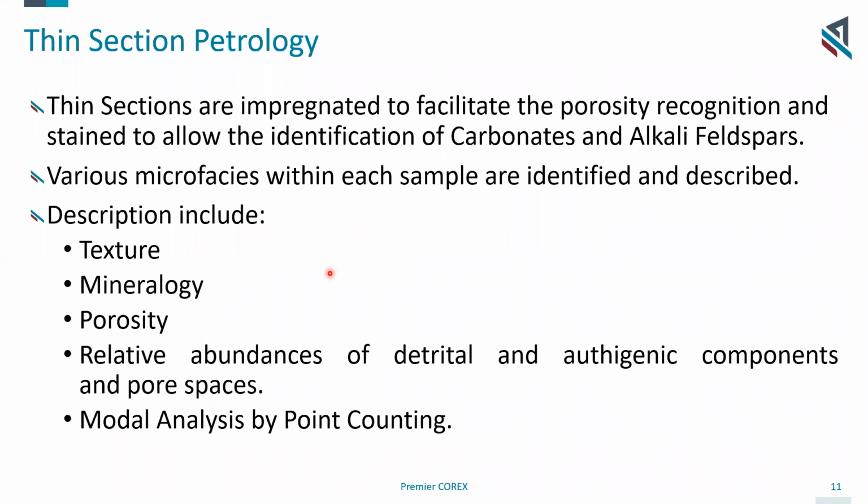So the thin sections are prepared in the traditional way, impregnated with a dye and staining to identify different minerals, the carbonates and the alkali feldspars. The dye allows us to spot any porosity present, and the value of that can be determined by modal analysis and point counting.